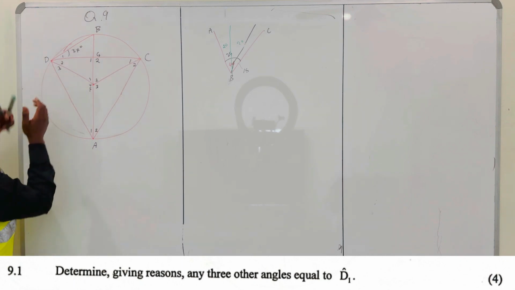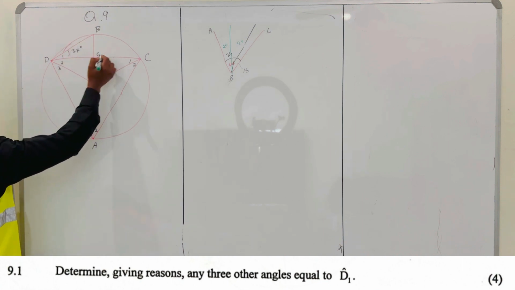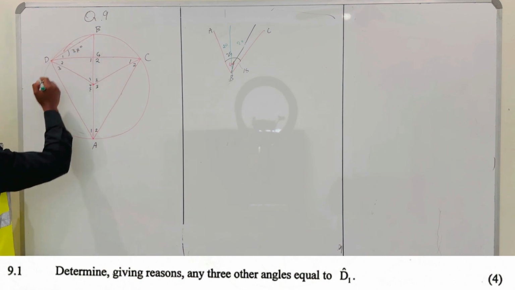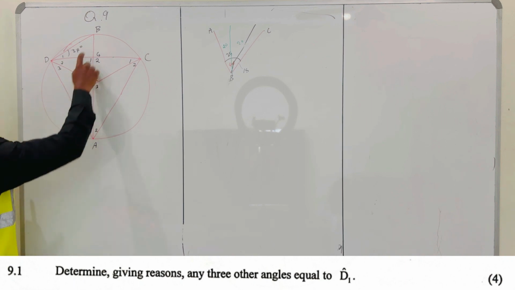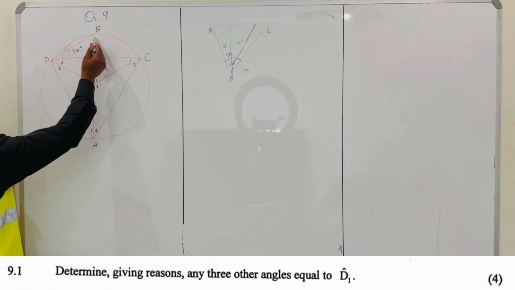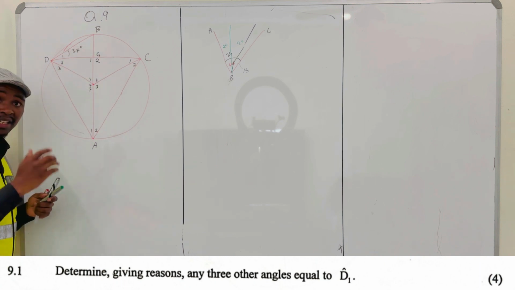Those are the two chords that make that acute angle. We can also say that this angle is in this triangle, DBG.